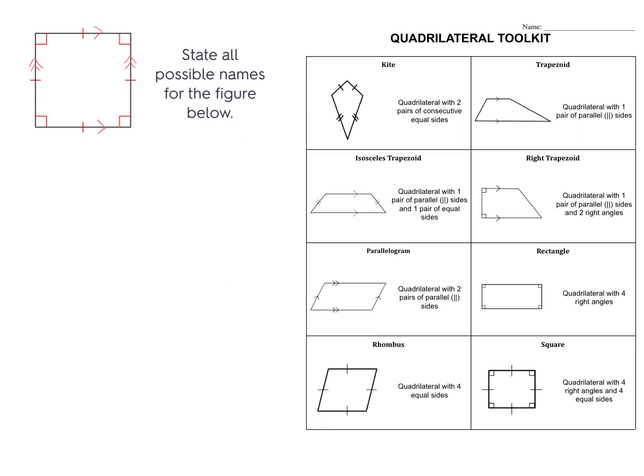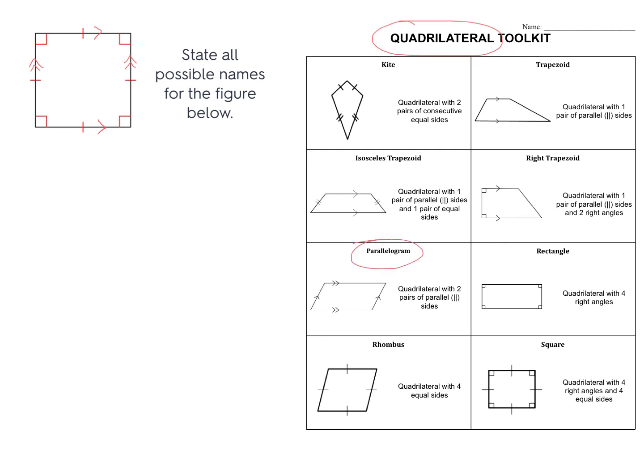In this last example, we see all sorts of markings and labels on this quadrilateral. So let's see if we can break it down based on what we're seeing. First off, we know that it's a quadrilateral. It has 4 sides. Next, we see that we have this set of sides that are parallel and this set of sides that are parallel. So we have 2 sets of parallel sides, which makes it a parallelogram.